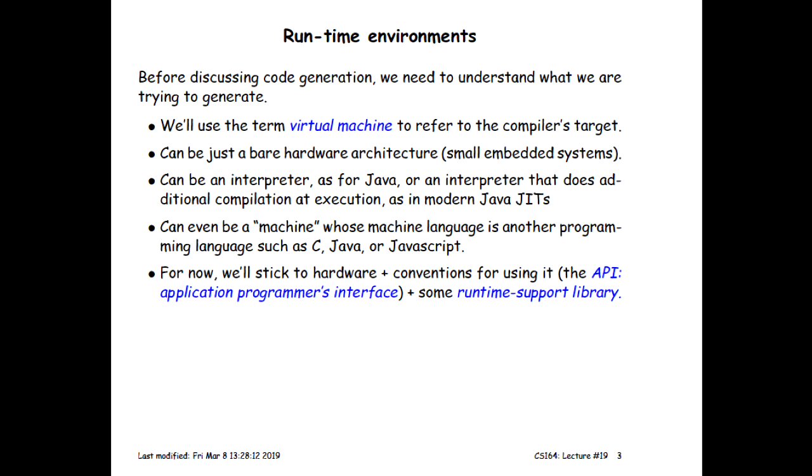So in the extreme case, this is just the instruction set of a piece of hardware, such as a RISC-V processor or an Intel x86-64 processor, and that's really the most classical form of compiler, that you are translating from a source language into machine language.